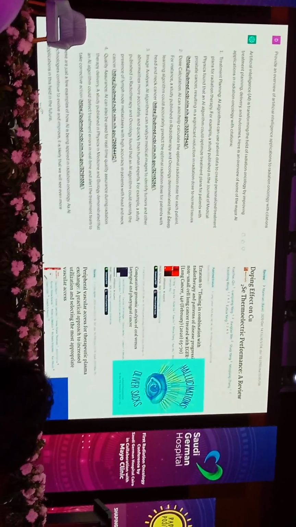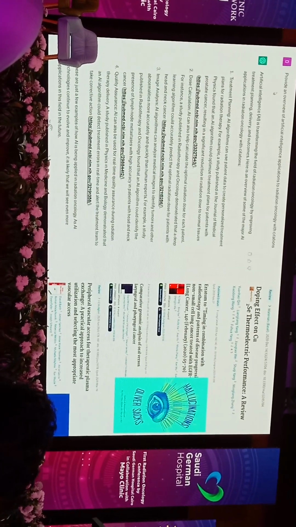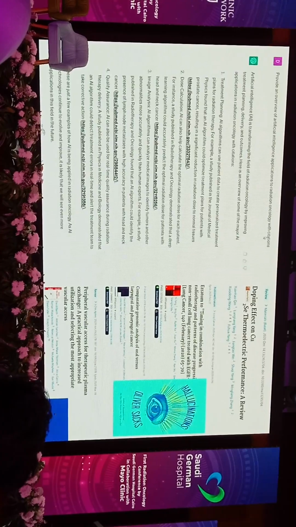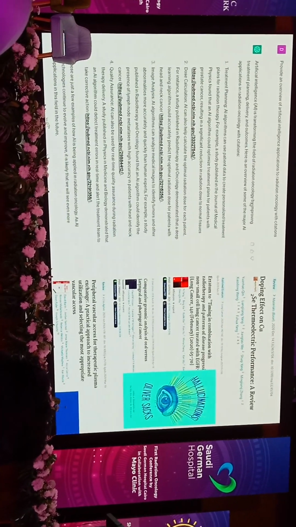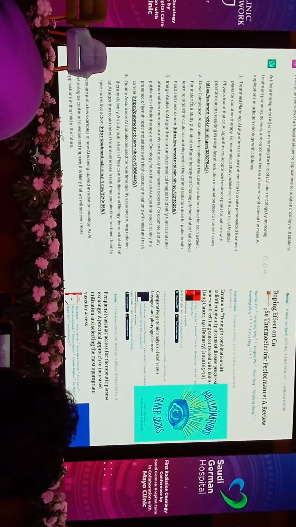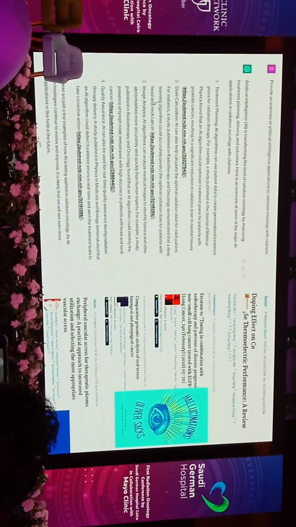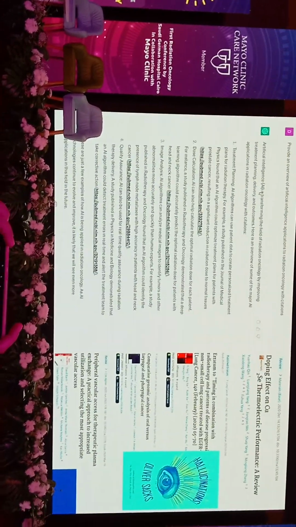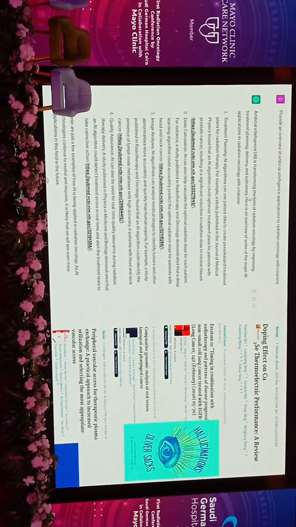I asked ChatGPT to provide an overview of artificial intelligence applications within radiation oncology with citations. And you can see it discussed treatment planning, dose calculation, image analysis, and quality assurance, all of which are important and likely good uses of AI in transforming our field.